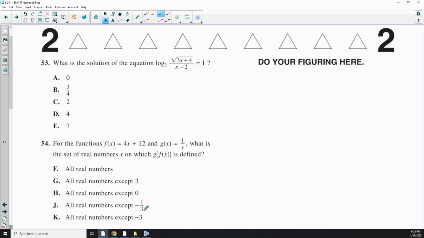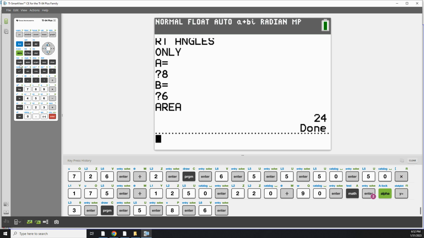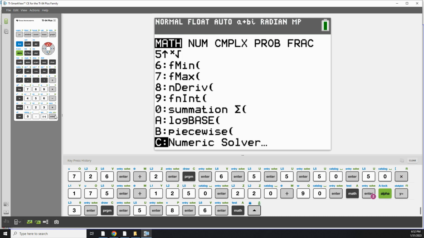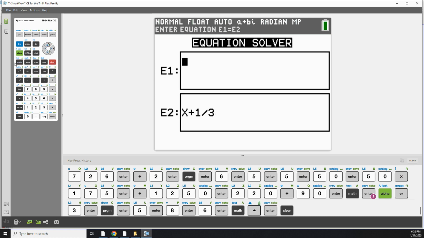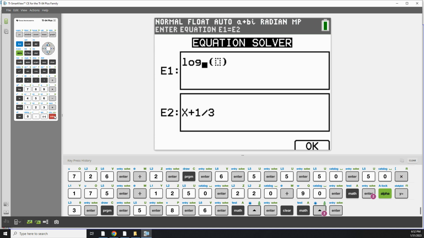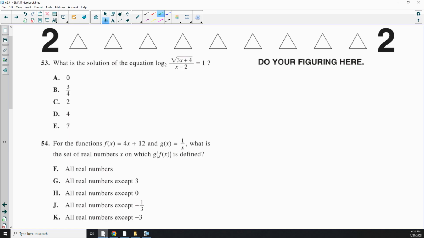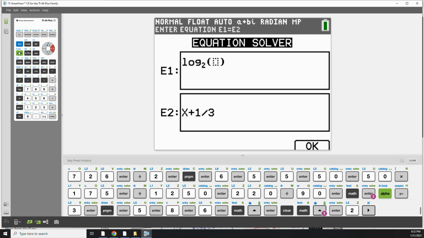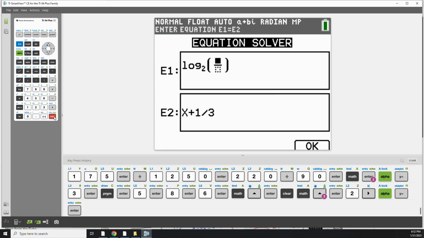Great use of solver. Log base 2 of that is 1. It is a hard equation to do by hand. So math, numeric solver. I have a log base 2, so I go to log base 2, and I have a fraction inside the log. So I go alpha y equals, and a great reason to have this calculator, y'all, for this equation.